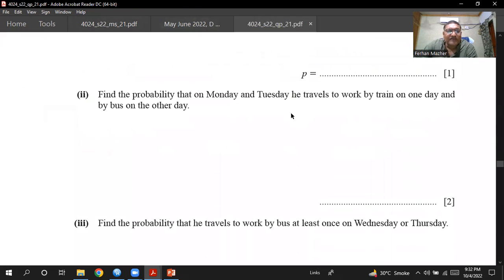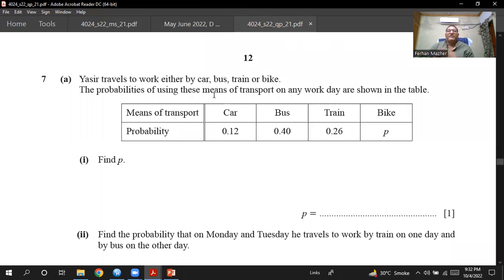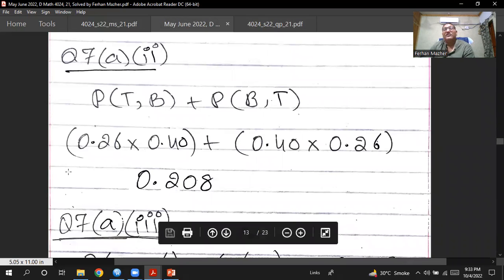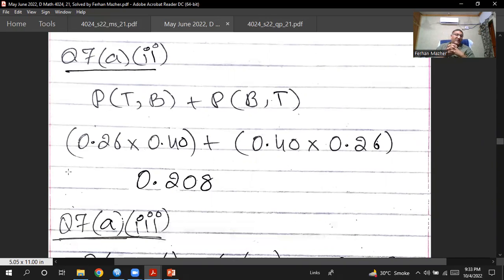Okay, so the next question they ask: find the probability that on Monday and Tuesday, he traveled to work by train on one day and by bus on the other day. So we will find the probability of the train, comma, bus, plus the probability of the bus, comma, train, because they are independent of each other.